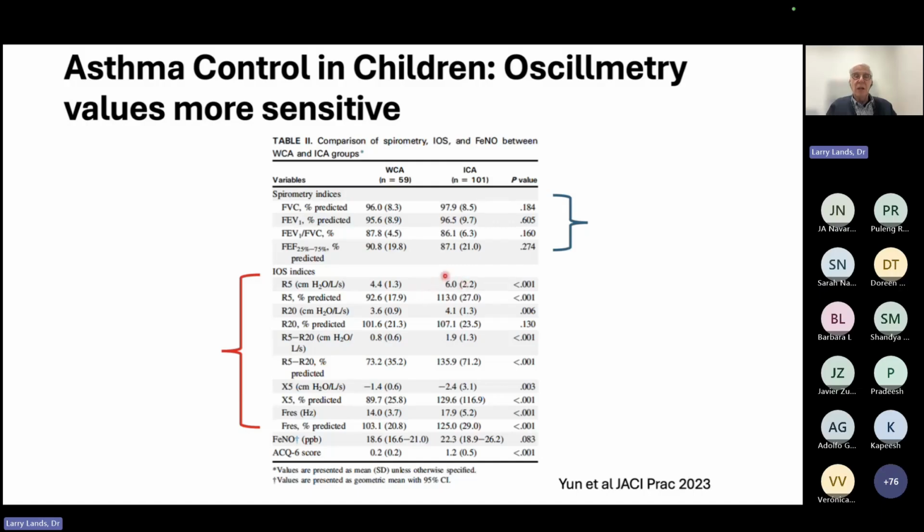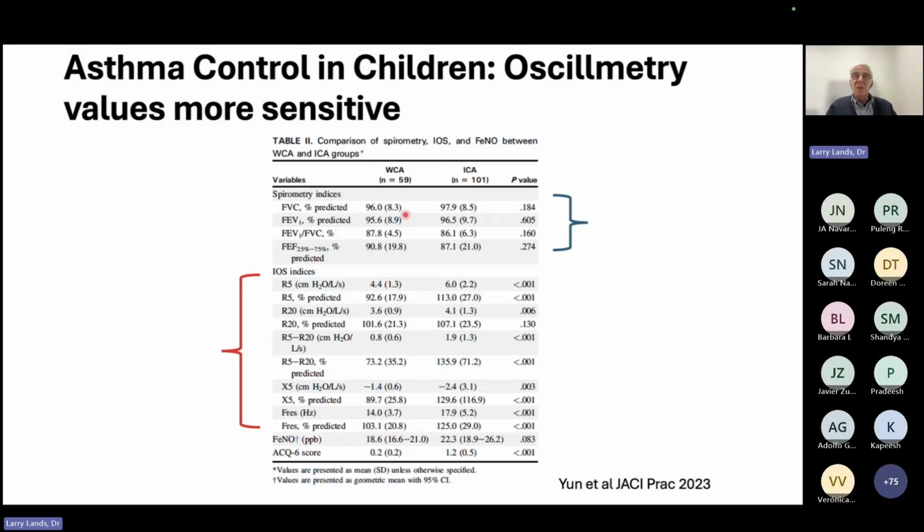The poorly controlled had a higher resistance, they had a more negative reactance, and their resonant frequency was also larger in absolute and predicted terms. Notice FeNO only trended, so again, this points to oscillometry being much more sensitive in picking up how well your patients with asthma are controlled.